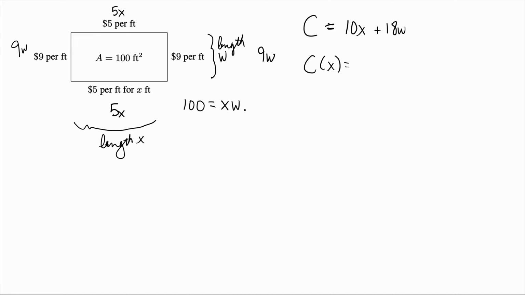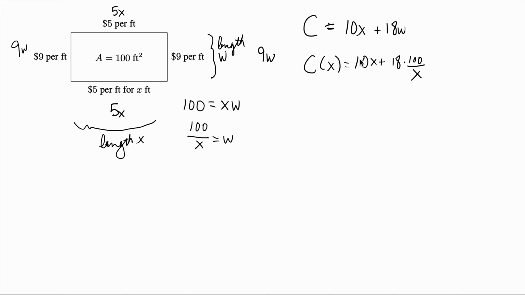Let's solve this equation for w. Divide both sides by x, and we get 100 divided by x is equal to w. We can replace w here with 100 over x. So we get 10x plus 18 times 100 divided by x. There's our cost function that we'd like to take a derivative of in order to find the minimum cost.